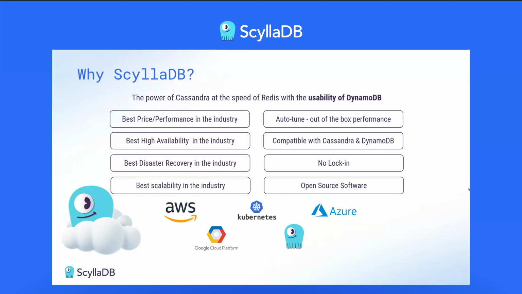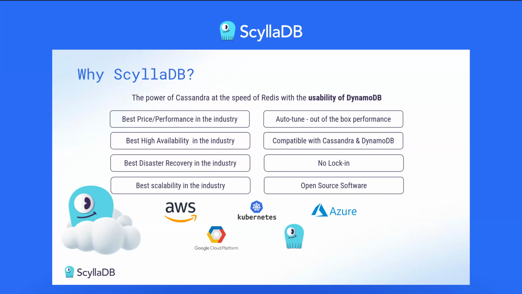So let's get started with why ScyllaDB. If you are not familiar with ScyllaDB, ScyllaDB is a NoSQL database that focuses on low latency and high throughput. If we want to put ScyllaDB in the same context as some other similar databases, we could say that ScyllaDB provides the power of Cassandra at the speed of Redis with the usability of DynamoDB.